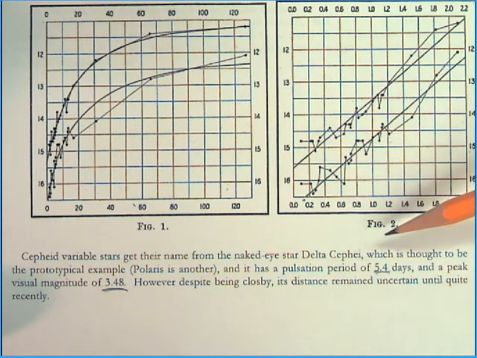Well, since time spans don't change with distance, the time it takes for light to get from one place to another will be different, but the actual time between spans will be the same. So it'll appear to rise and fall at a rate of 5.4 days. In other words, get brighter and dimmer with a rate of 5.4 days.